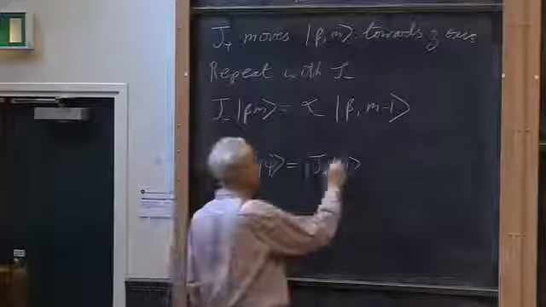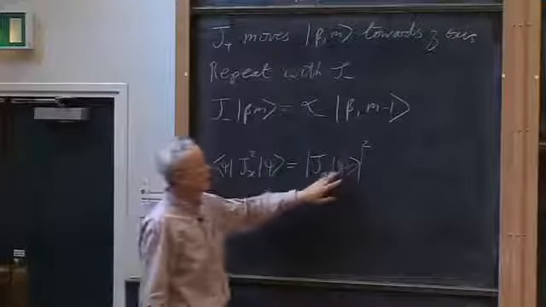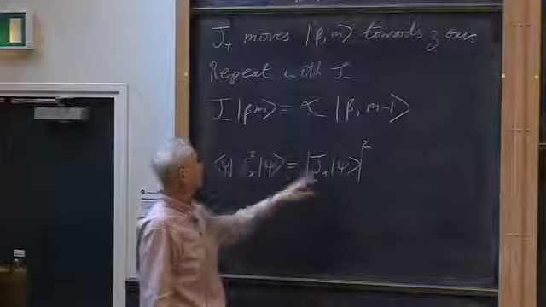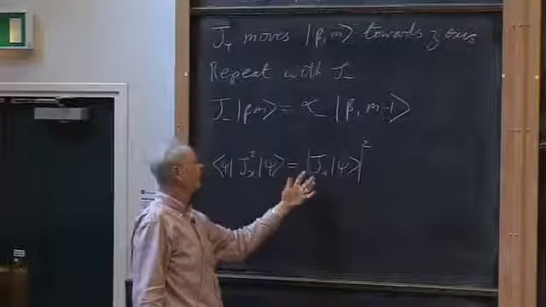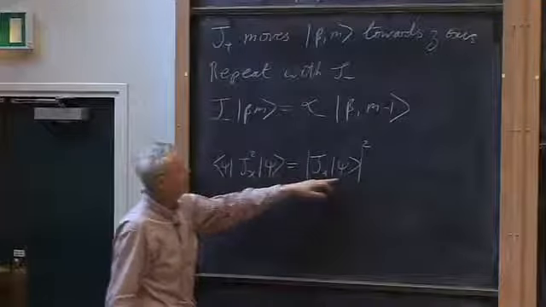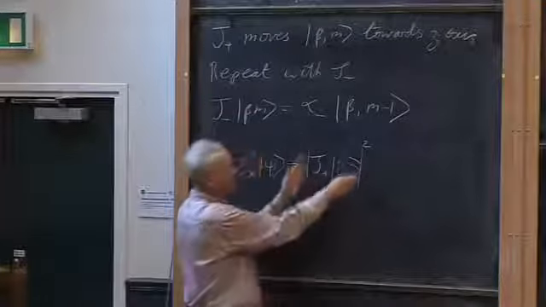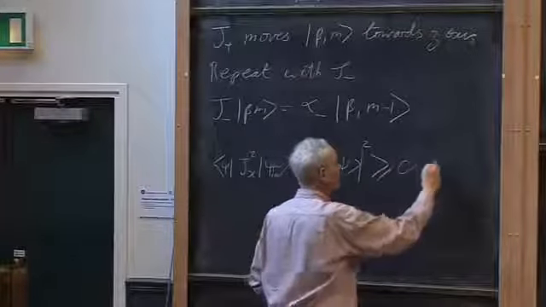It's jx of psi mod squared, right? Because if you take the mod square of this, what you're doing is taking the Hermitian adjoint of this, which is jx itself, and multiplying it into this, so you end up with this. And this is the length squared of a vector, so it's greater than or equal to nothing for all psi.